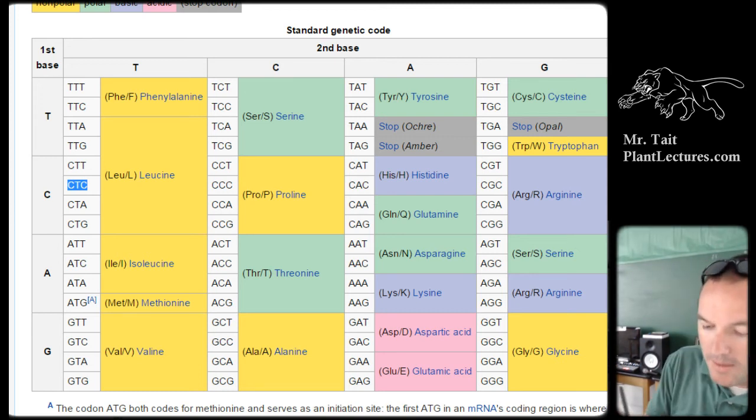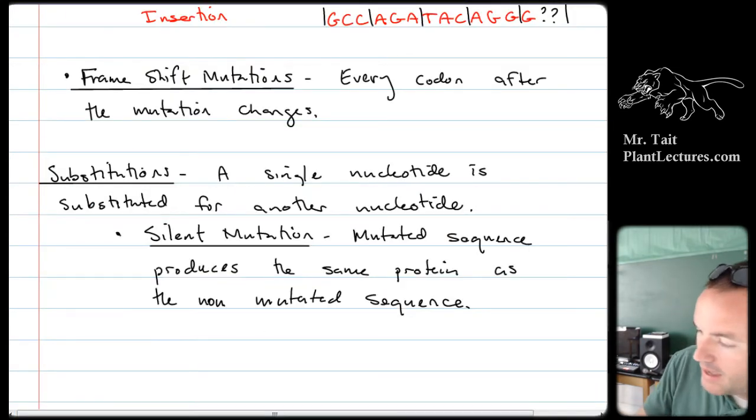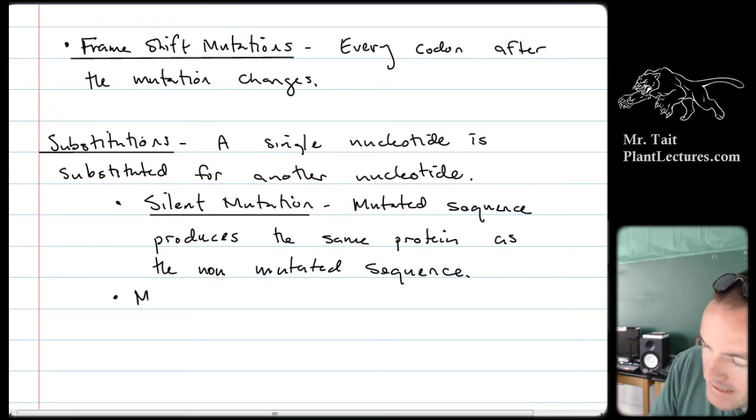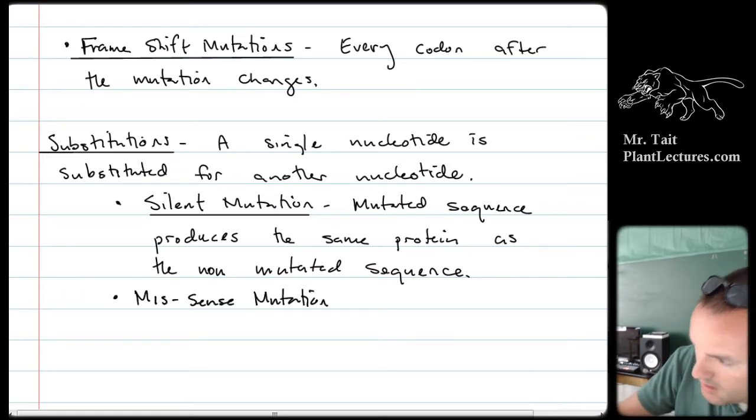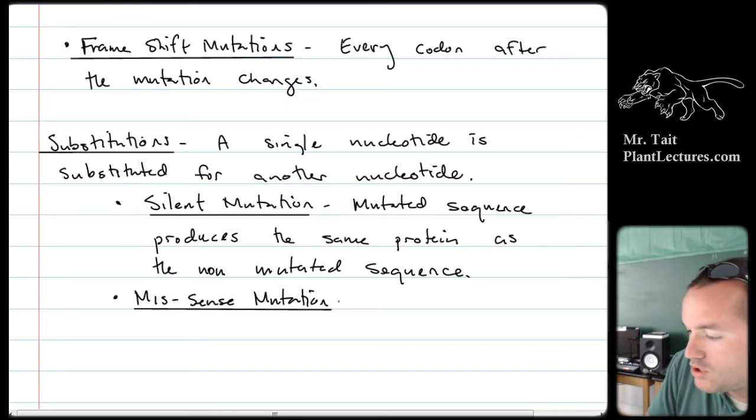All right, the other type is called a missense mutation. A missense mutation is going to change just a single amino acid. So one amino acid changes.